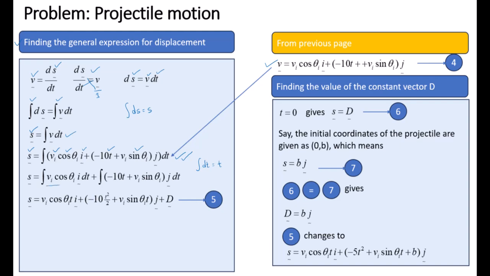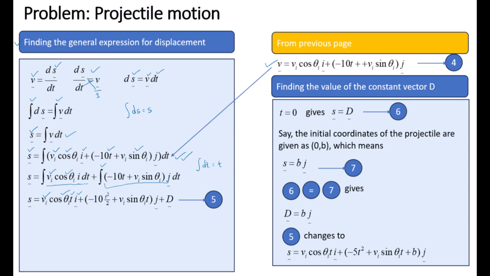So this is within the integration for the first term, and then I take the integration for the combined term like this. I can split them in such a way. But first, let's see the integration of this expression. vi is a constant, cos theta i will be constant, so it will be taken out, and then the integration of dt will be t times i.